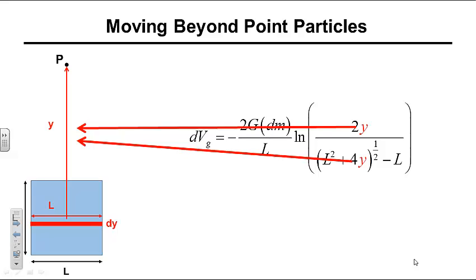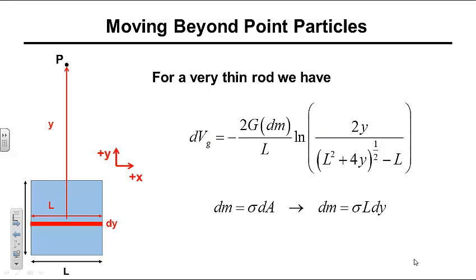As discussed before, we can express the infinitesimal bit of mass dm as the product of the surface mass density and the infinitesimal bit of area of the rod. This infinitesimal bit of area is simply the product of the length of the rod and the height of the rod, denoted by dy.